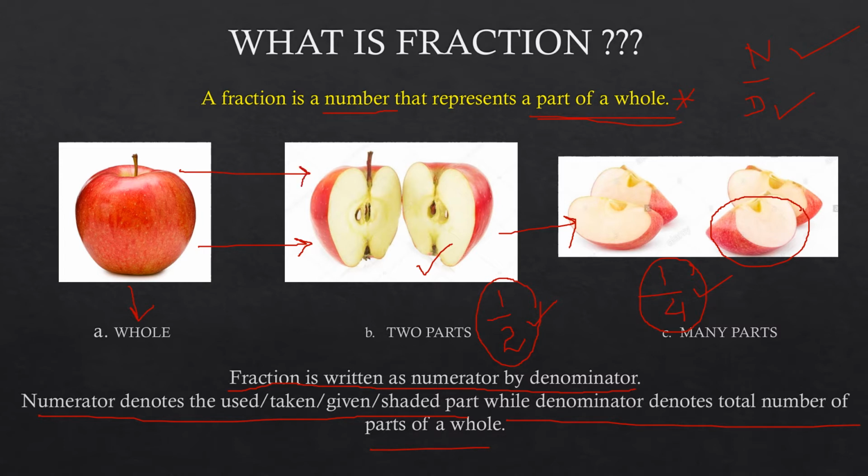You said I have consumed one out of two equal parts, and when this apple is divided into four equal parts, you said I have consumed one out of four equal parts. Hence, the total number of parts in which whole is divided is written as denominator, and the number of parts you have taken, you have used, given to somebody, or you have shaded are taken as numerator.